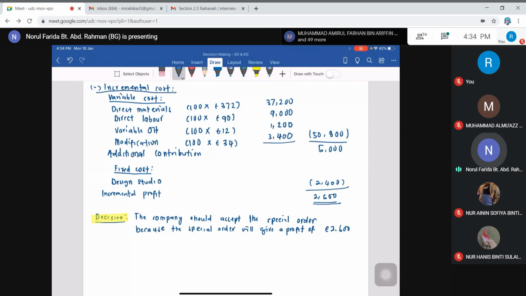Sebab you tak ada gain, you tak ada loss kat situ. Okay, so sama ada korang buat ataupun korang reject, you tak ada apa-apa pun kat situ. So it's up to you lah, you buatlah decision tu. Kalau bagi saya, either you accept atau you reject, both also can. Because you tak dapat profit, you tak dapat loss.